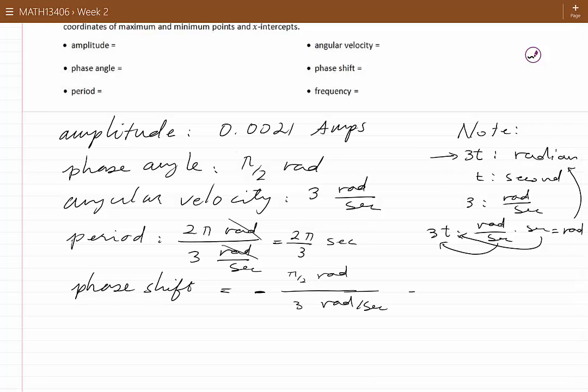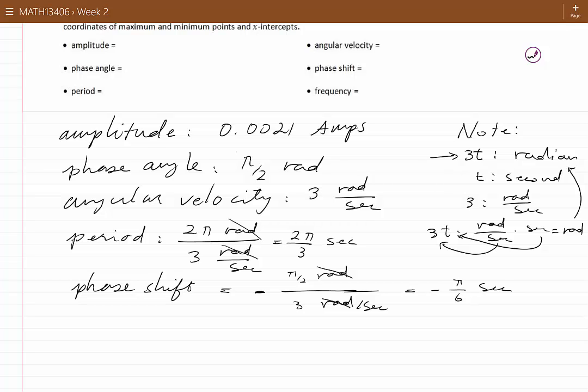This would be minus π/2 divided by 3, which is minus π/6, and we can also simplify the units, and we would get seconds. Again, no surprise, because phase shift is always in the unit of time, and in this case seconds.